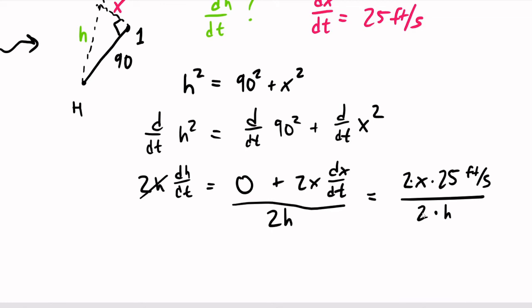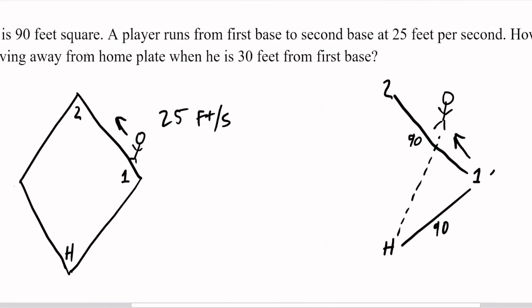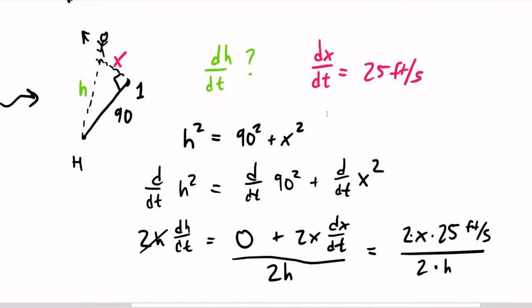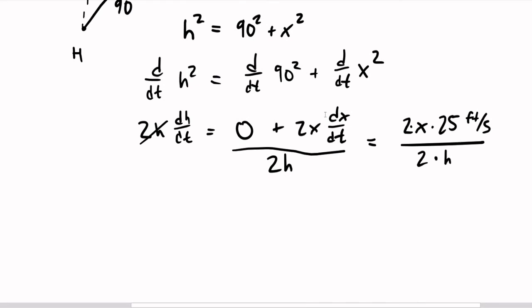So what I need to do is find out at this exact moment, what are these distances? What moment? Well, we wanted to know what's happening when this person is 30 feet from first base. That's x, right? So in our problem here, x equals 30. Okay, so then what's h going to be?